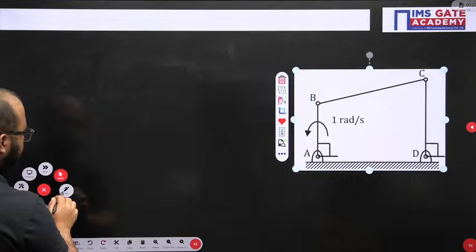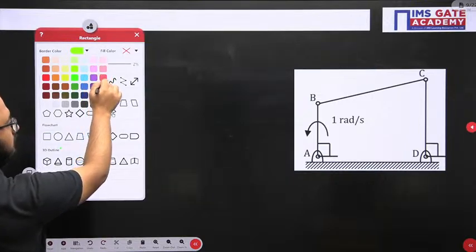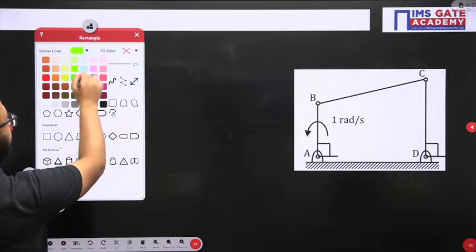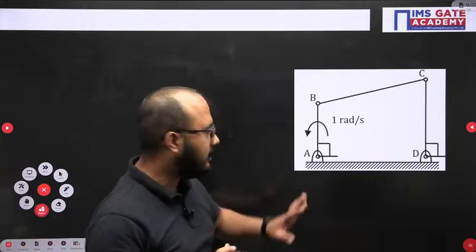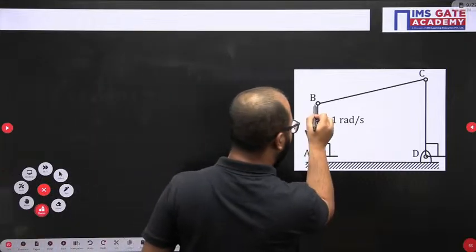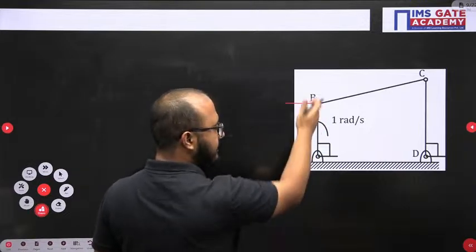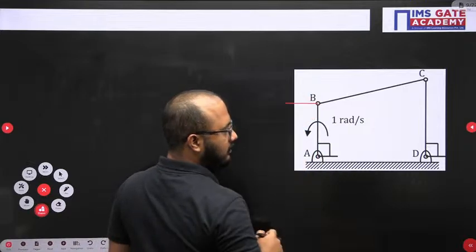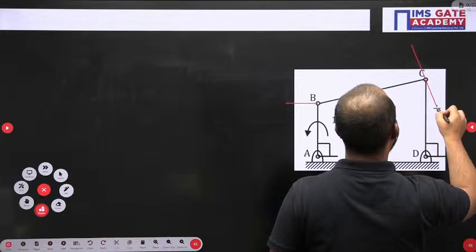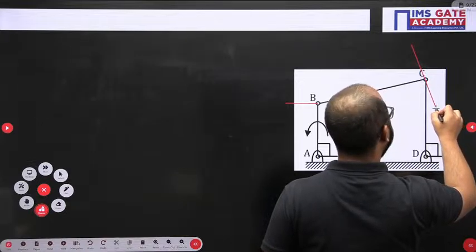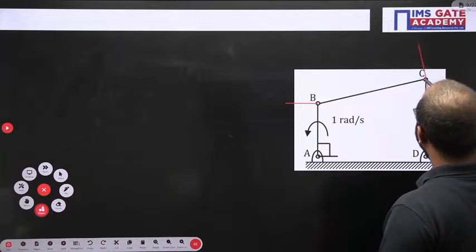Now, velocity vectors I will be showing in the configuration diagram. As it is rotating anti-clockwise, the velocity vector of B with respect to A will be like this. As AB is vertical, it will be horizontal. Now, C with respect to B is perpendicular to link BC, like this.